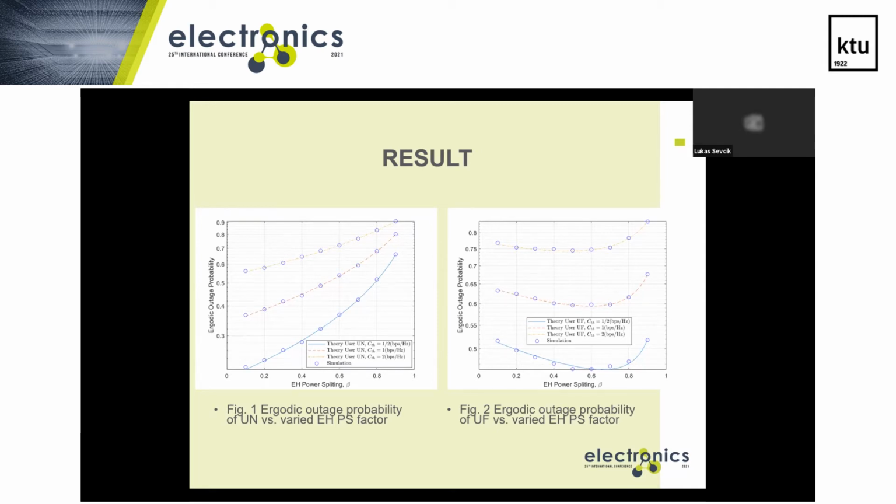The lower threshold means a more significant curve in comparison with the others. Besides, the lowest threshold value, C set to 1/2, performs the best with a maximum ergodic outage probability of 0.66 in the case of the user near.